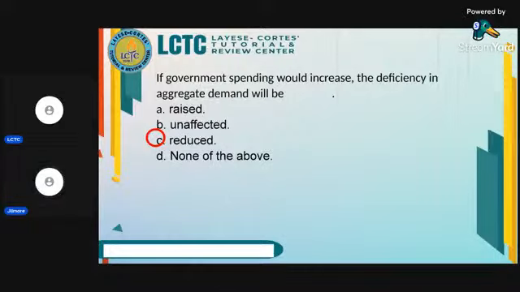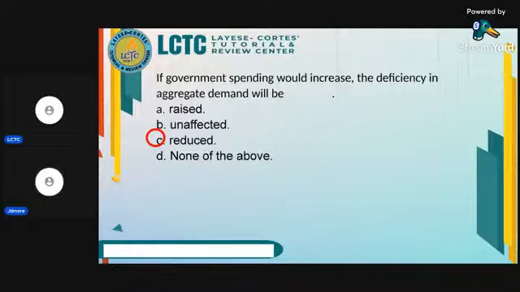Next, let's proceed. If government spending would increase, is that expansionary or contractionary? Expansionary. Increase. Okay, government spending increases. The deficiency in aggregate demand: demand is weak during an expansionary fiscal policy, because during this economic condition the aggregate demand is very weak.